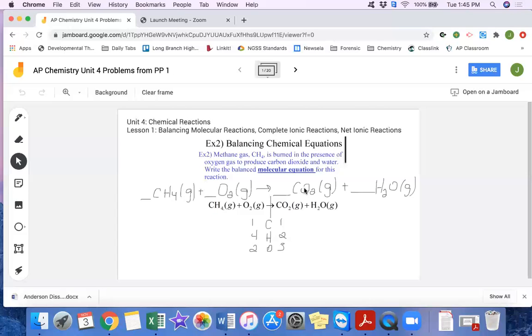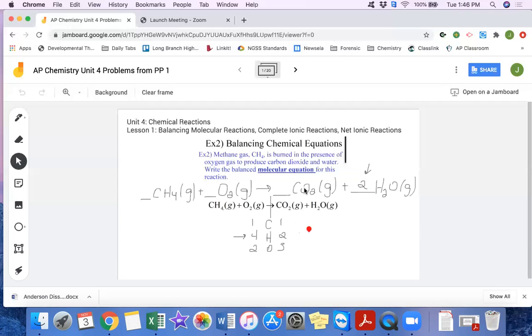On the left side of the arrow, we have 4 hydrogen, and on the right side, we have 2. We always go to the side with the smaller amount, so we go to the right side and add a coefficient in front of the water to try to get 4. So we're going to add a 2 right here.